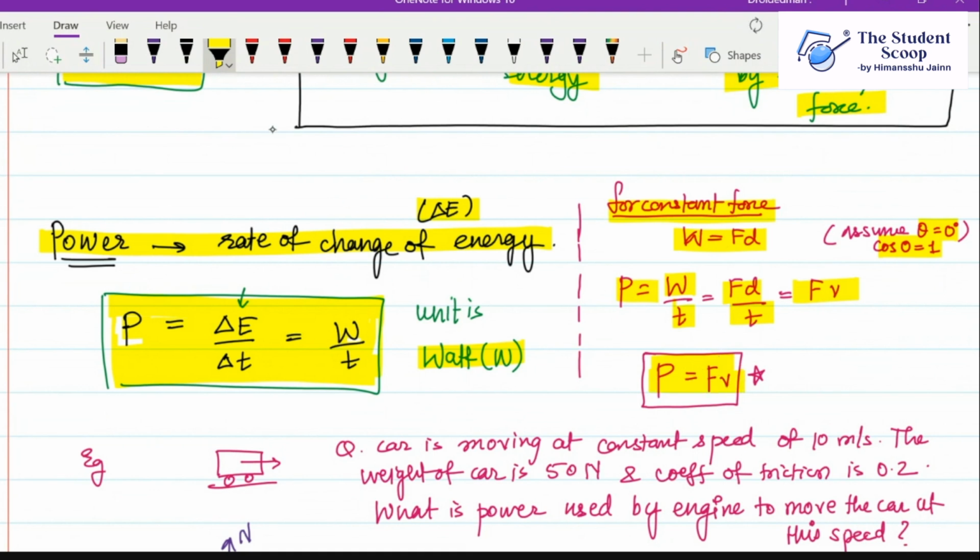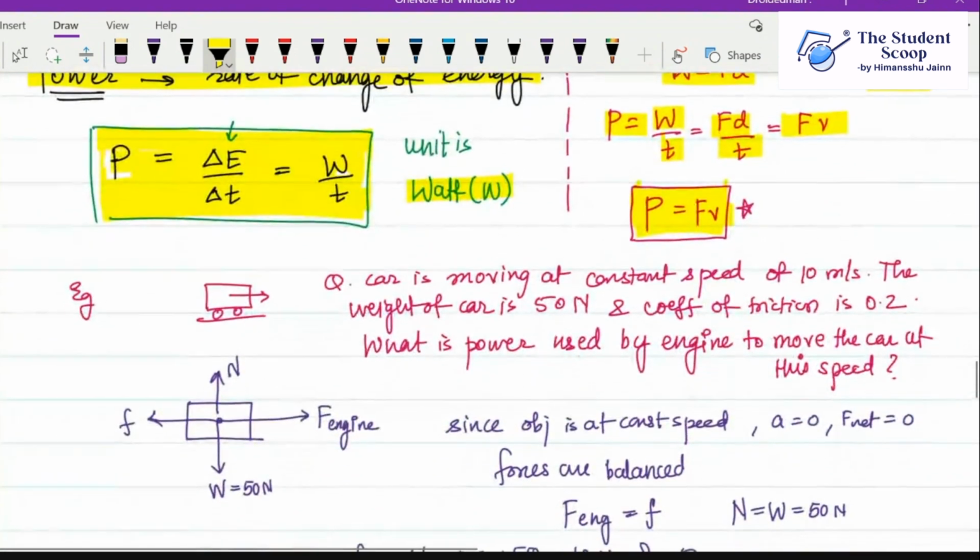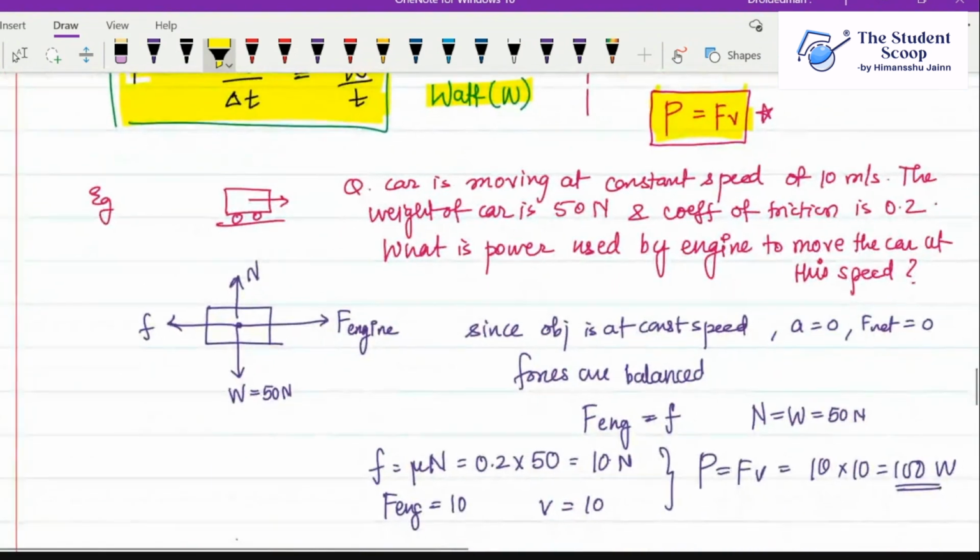In most cases, we need to remember that this kind of power is what we call instantaneous power. At a particular instant, if I give you the velocity, then you can calculate power at that particular point. We will see an example of exactly how this power equation comes into play.